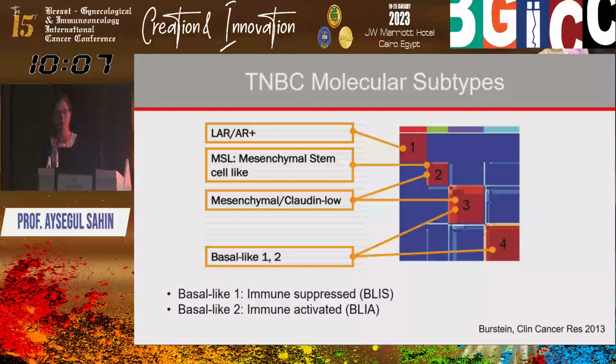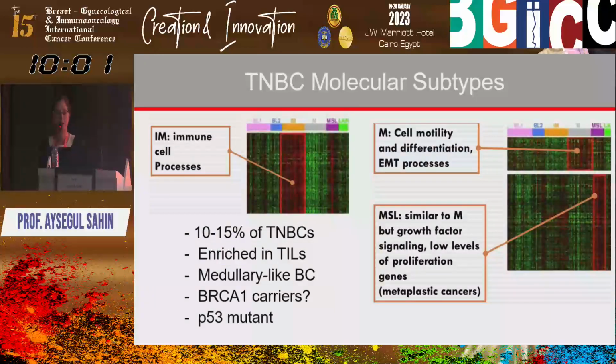Similarly, the luminal androgen receptor positive tumors also had specific morphologic features, and 10 to 15% of triple-negative breast carcinomas are under the immunomodulatory type of molecular subtyping.